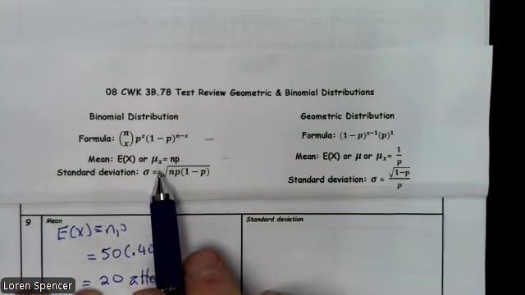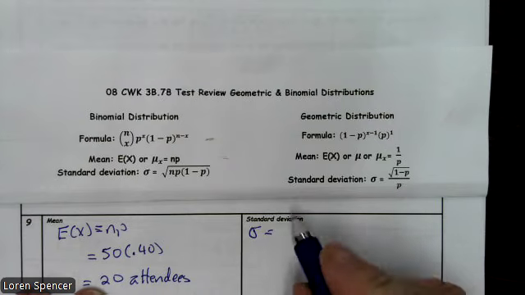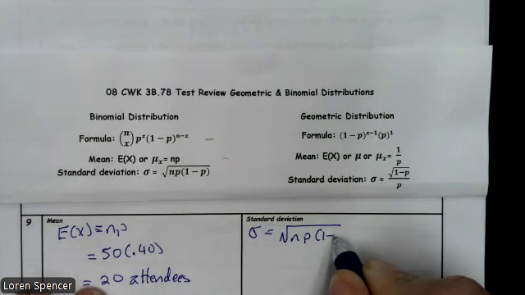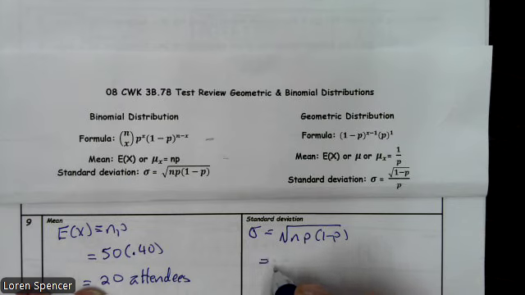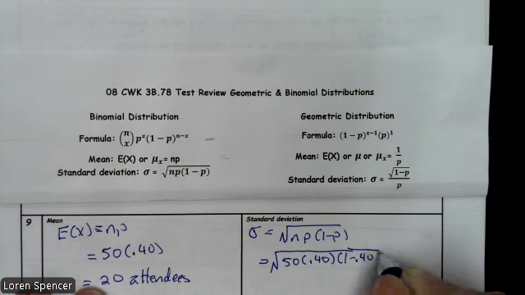My standard deviation formula is the square root of N times P times 1 minus P, which in this case equals the square root of 50 times 0.4 times 1 minus 0.4.